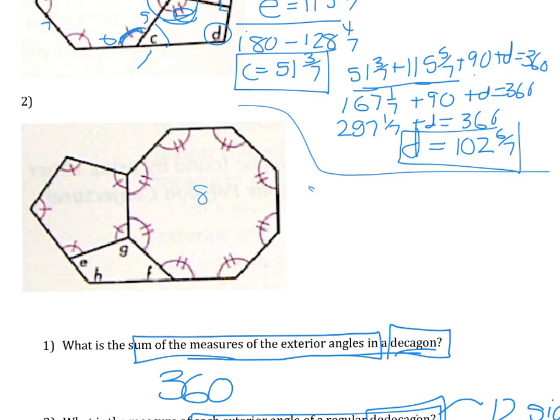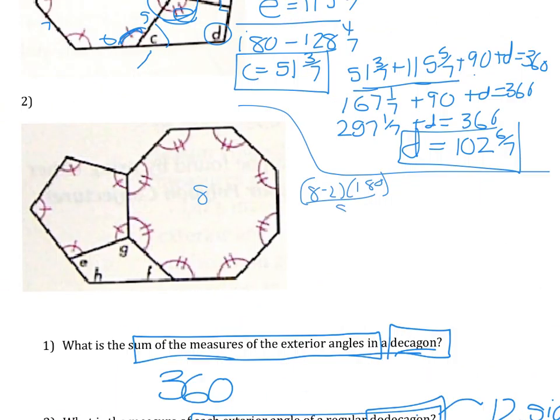Okay, number 2. I'm starting with this 8-sided figure. Probably going to need more space here. So each angle of this 8-sided figure is going to be 8 minus 2 times 180 divided by 8.